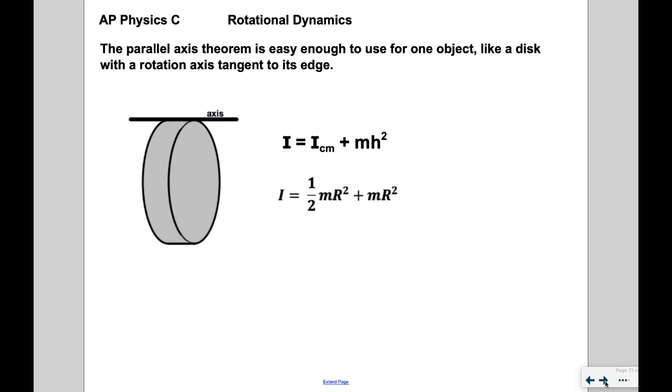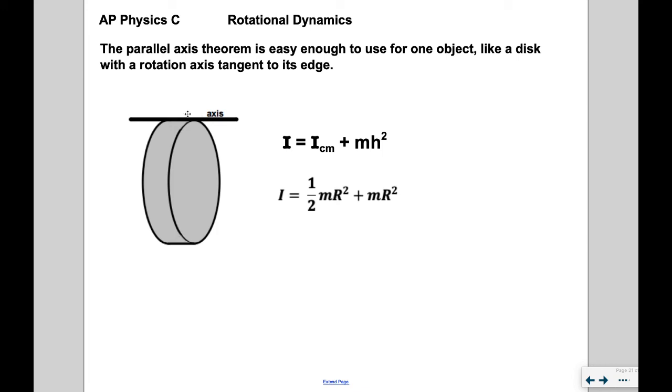So for example, if we had a disk with a rotation axis that was tangent to its edge, like we see here, applying the parallel axis theorem, I equals 1/2 mr squared, the rotational inertia of a disk when the rotation axis goes through the center of mass, and then plus mh squared.